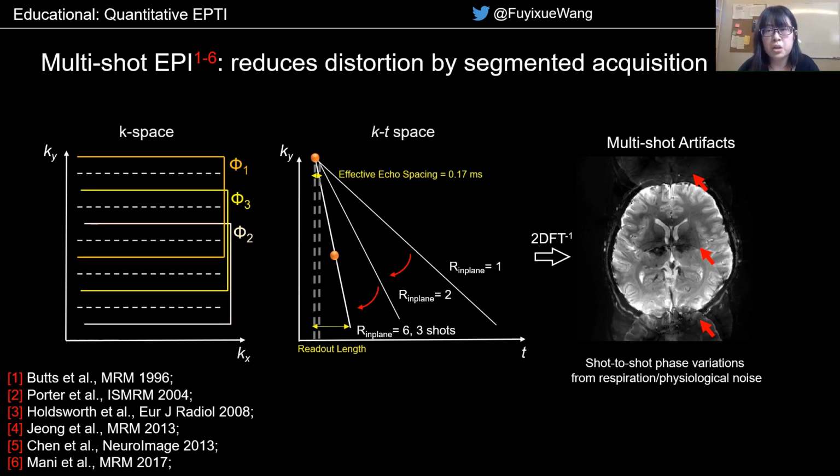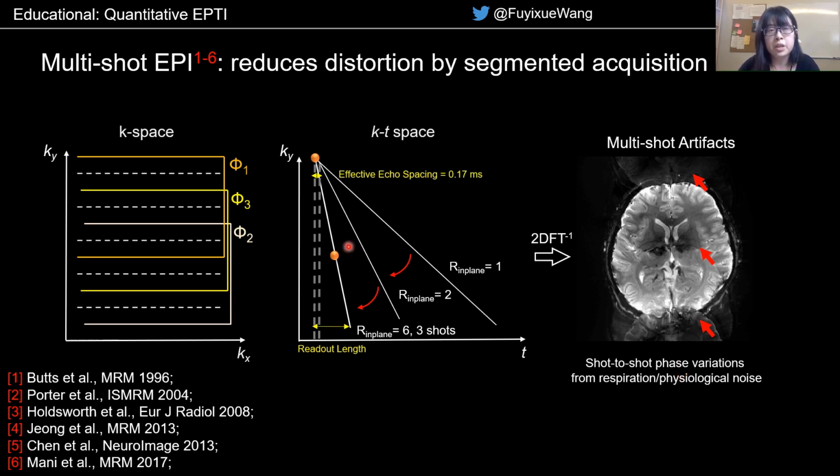Multi-shot EPI is an alternative method that uses a few shots to acquire the K-space. Each shot will only sample a part of K-space to reduce the effective echo spacing. And this can be combined with parallel imaging to achieve a steep line in the KT space. But it still cannot eliminate distortion, and there's potential shot-to-shot phase variation artifacts.